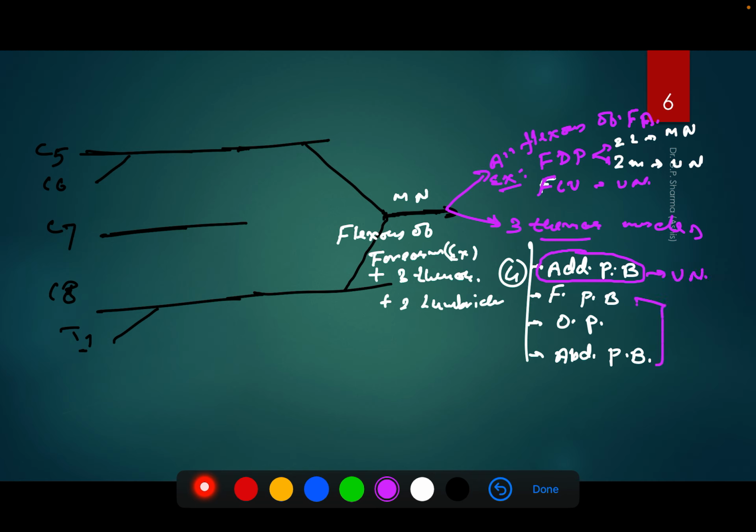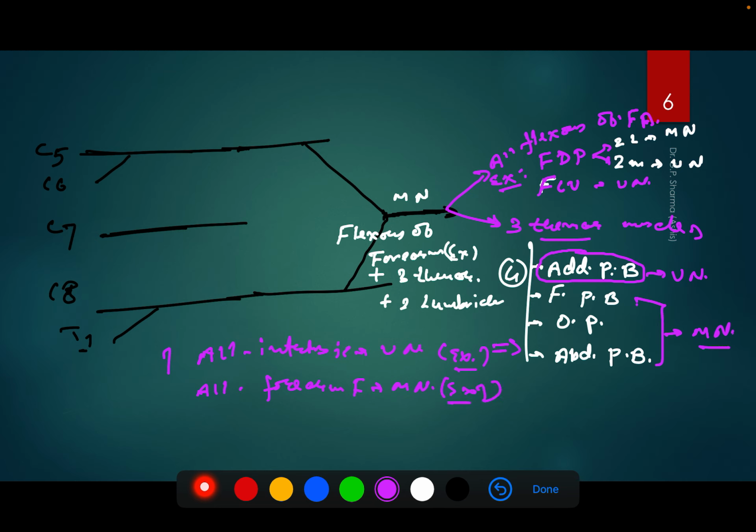The remaining 3 are supplied by the median nerve. So you can remember easily a general rule: all intrinsic muscles by the ulnar nerve with some exception, that is the 3 thenar muscles, and all forearm flexors by the median nerve with some exception, that is FDP and FCU, right?